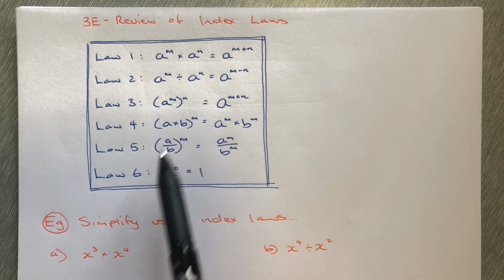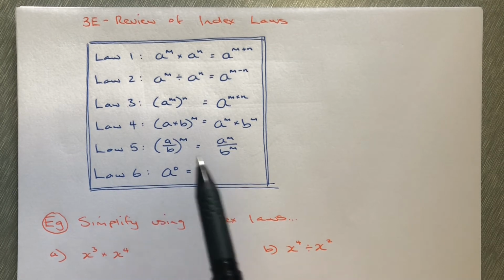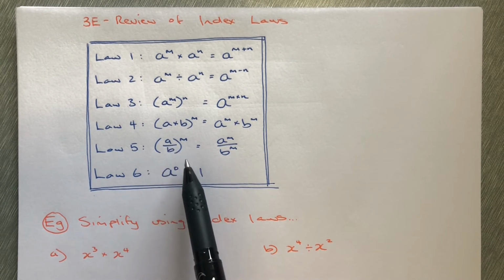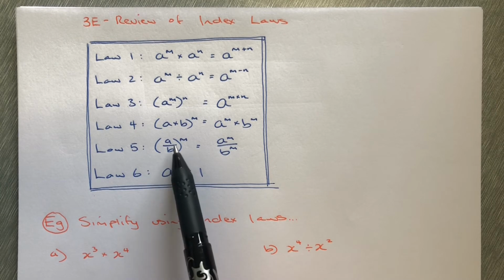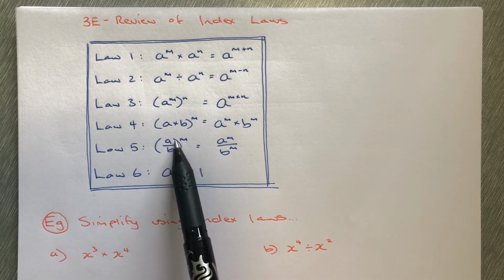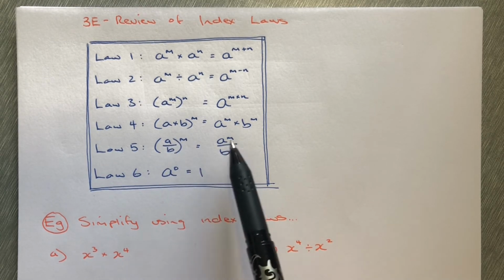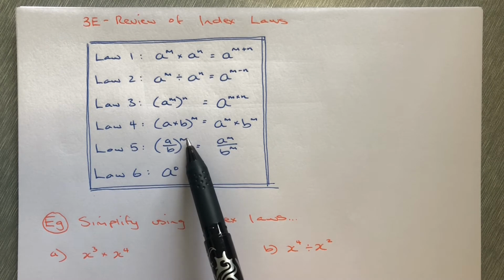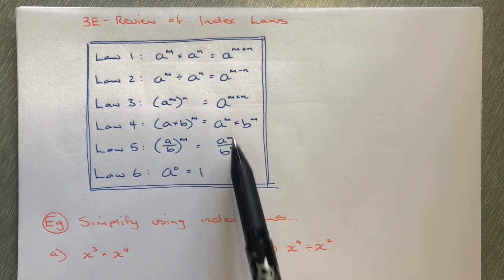See how that m applied to both of them? Now it is super similar for law number 5. We've got a fraction inside, we've got a power on the outside of the brackets. That power has to apply to both of the things inside here. So as we can see, the answer gives us a to the power of m divided by b to the power of m, which is just over here.